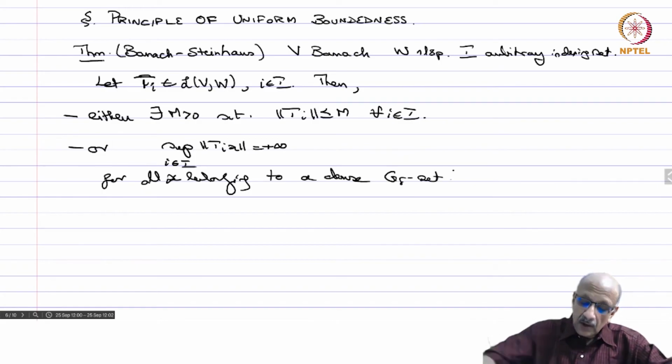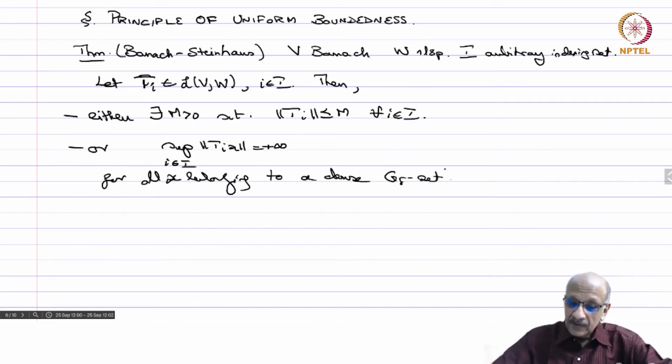So you see the sup of norm Ti x will blow up for a large number of points. We just saw that a dense G delta in a metric space without isolated points is in fact uncountable, and therefore this.